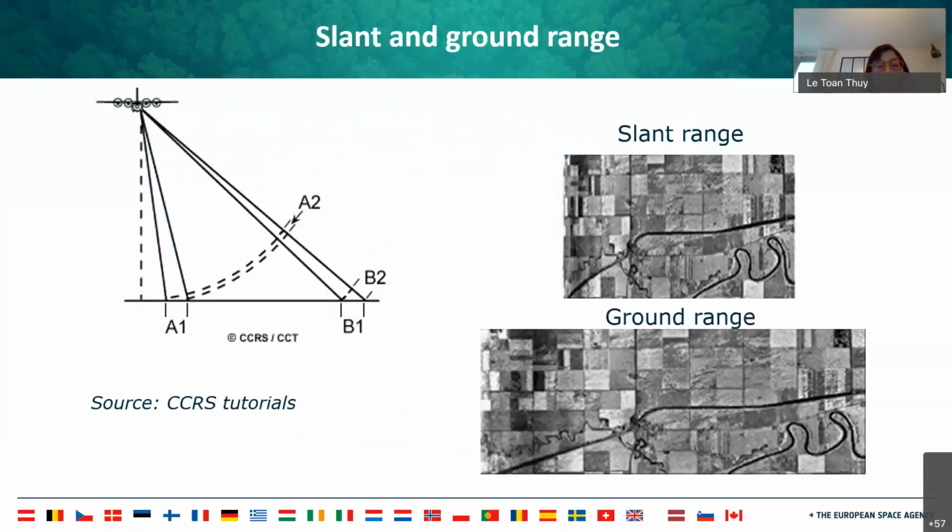And you have to distinguish the slant range and the curve range.